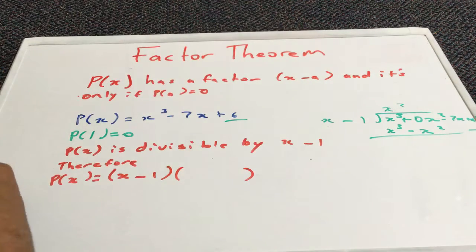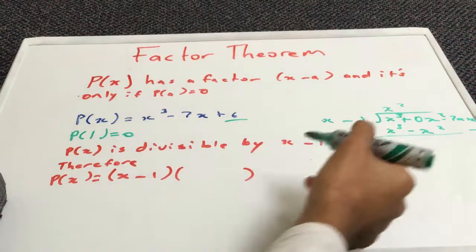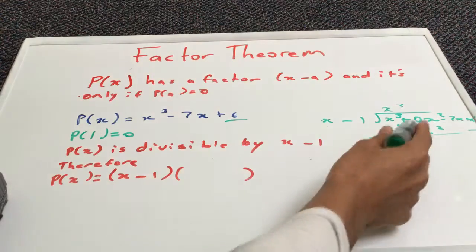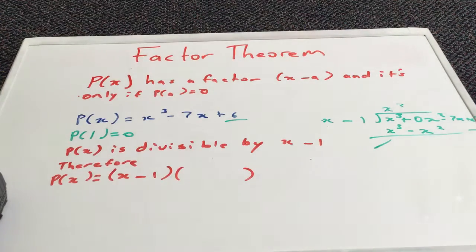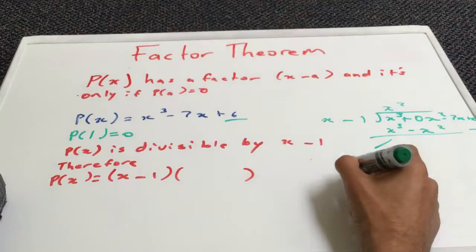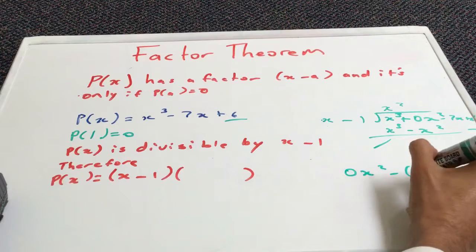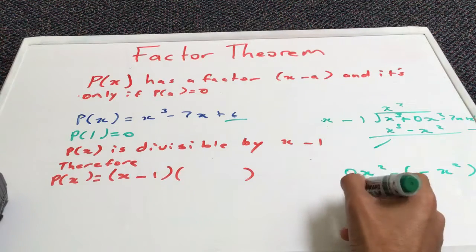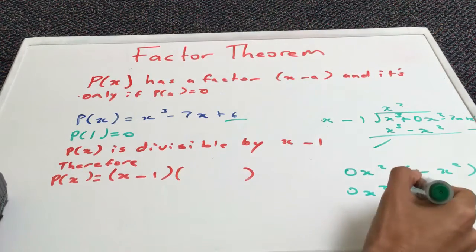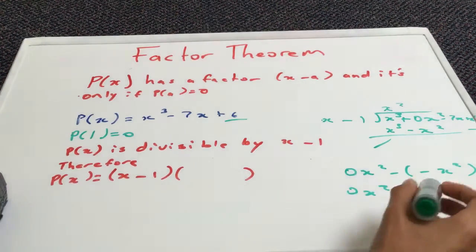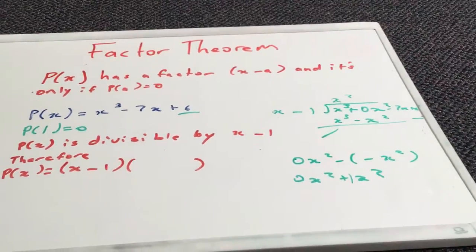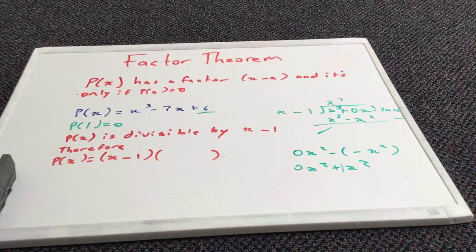When we subtract, this cancels out. Then 0x squared minus minus x squared is like saying 0 plus 1, because x squared always has a 1 in front, but we don't write it.